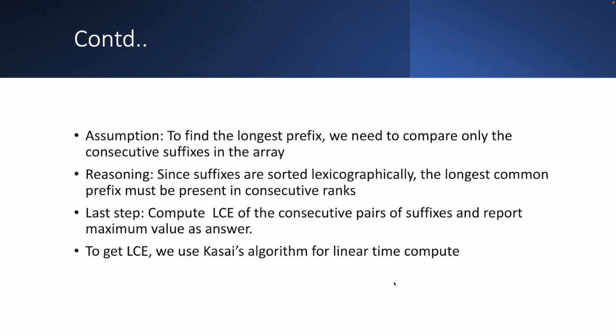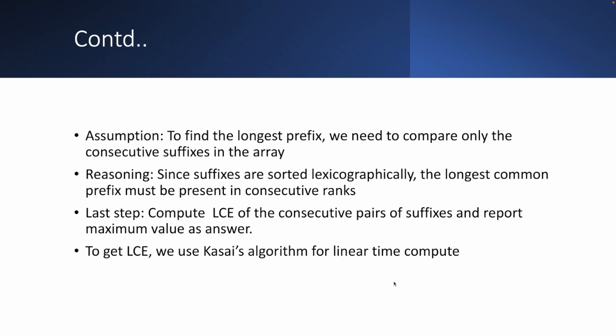So the assumption is that to find the longest common prefix, we need to compare only the consecutive suffixes in the array. The reasoning behind this is, since suffixes are sorted lexicographically, the longest common prefix must be present in consecutive ranks.